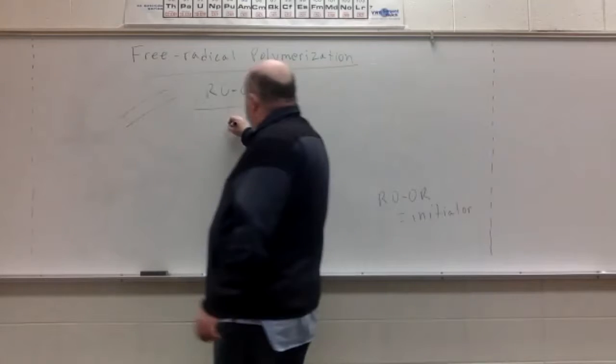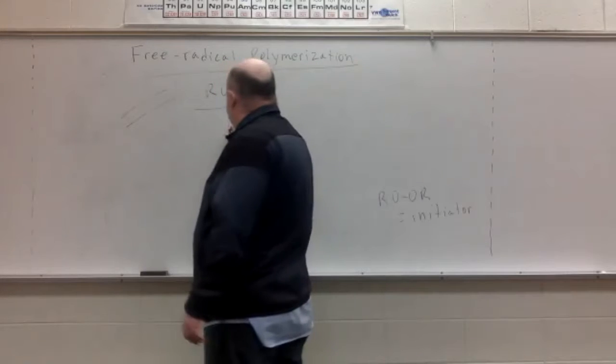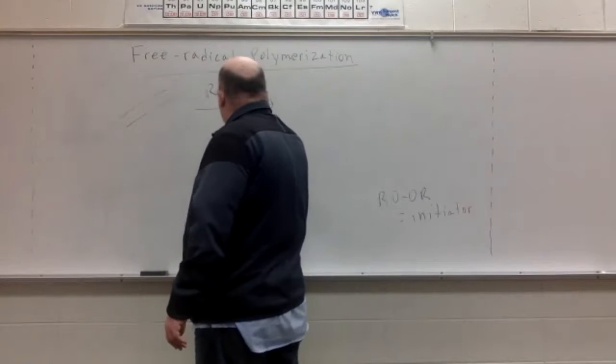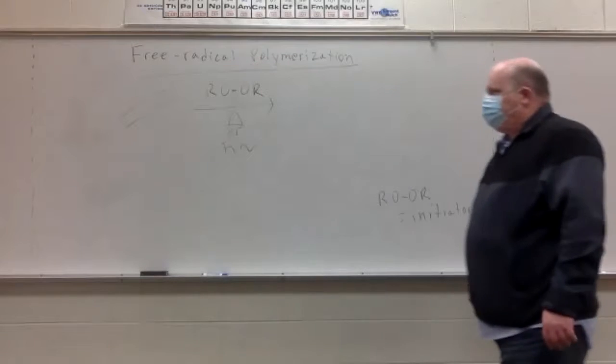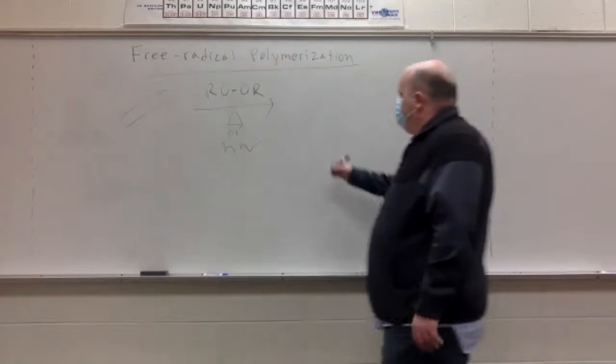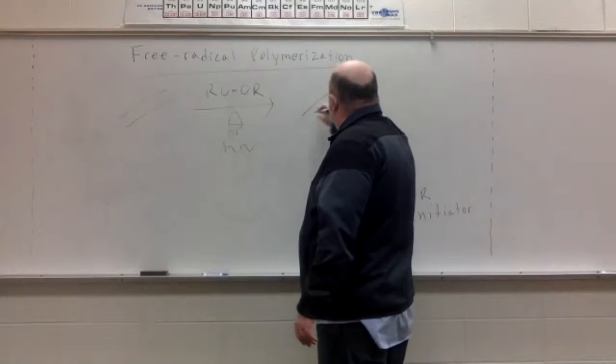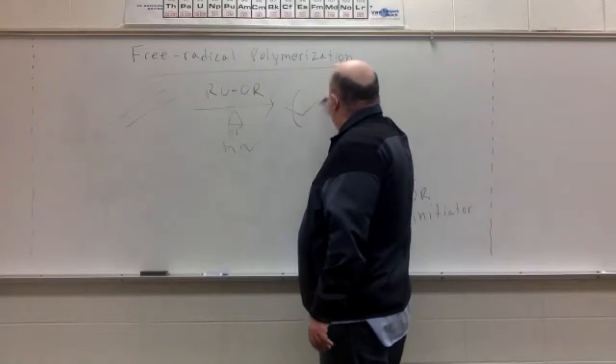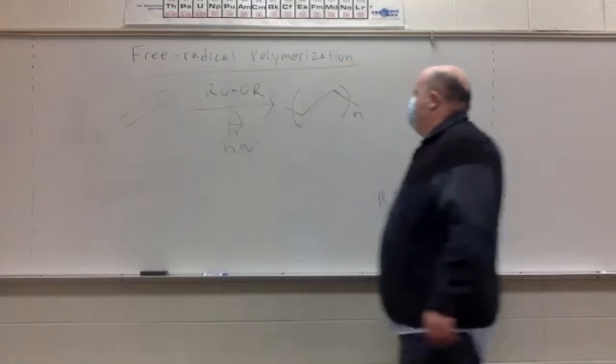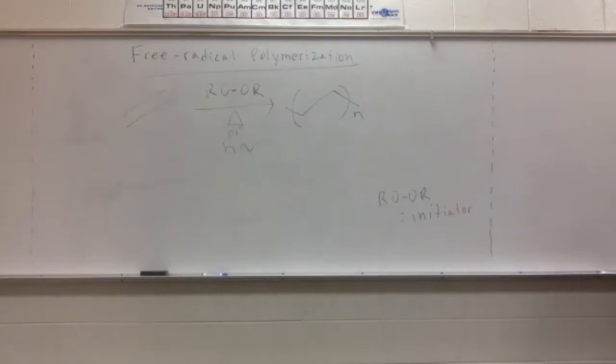You add an initiator in the presence of heat or light, and it produces polyethylene. And here's the way we represent polyethylene. Now, if this thing's like 100,000 units, you really think I'm going to sit here and write every C and H and all that?